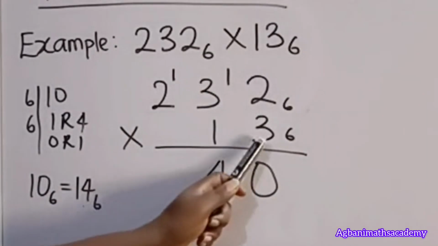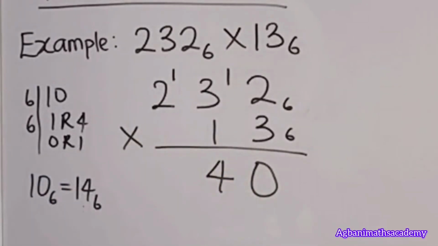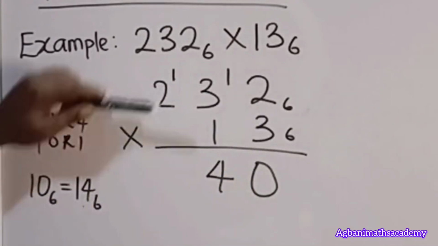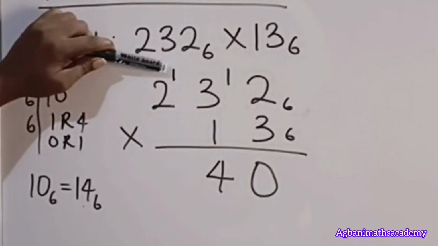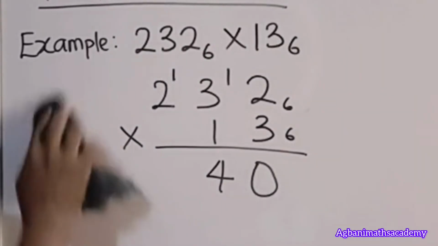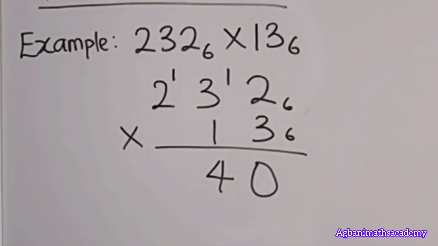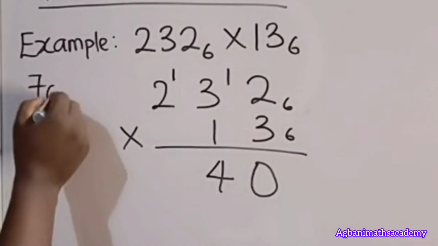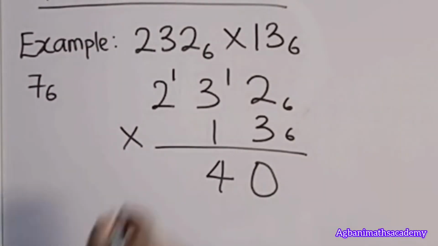So 3 multiplied by 2 gives us 6. 6 plus 1 gives us 7. So 7 base 6, how are we going to write it? What is the correct number we are going to use? Do we write 7 here? If not, what do we write?